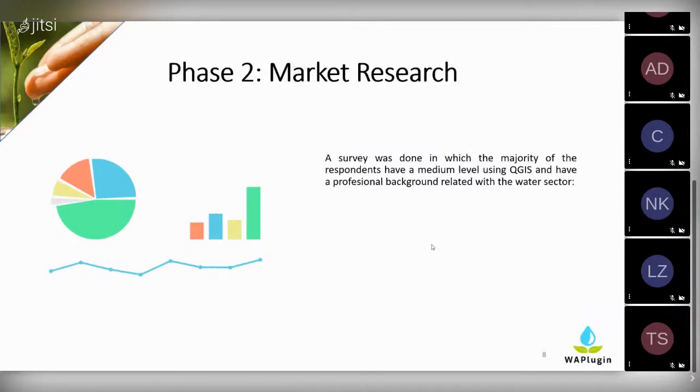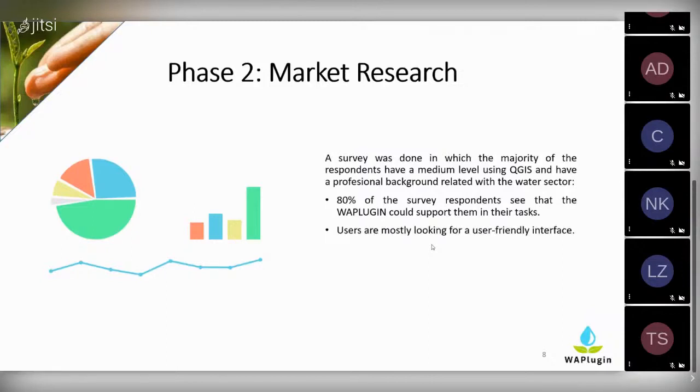Some of the results were that 80% of the survey respondents see that the WAP plugin could support them in their tasks. Also, users are mostly looking for a user-friendly interface, and users are not willing to pay for the tool license. So taking this into account, we created our business model.